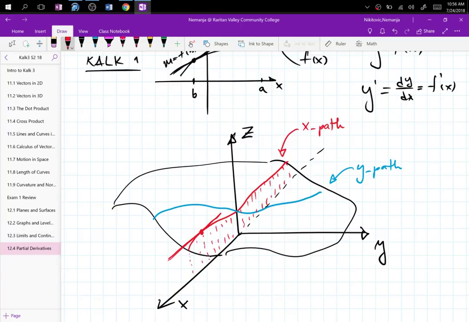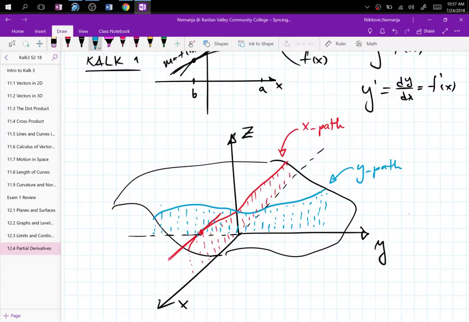And the same thing is going to happen with the y direction. So if I am to extend the y-axis and then make these go down like this, then what I have here is something that would measure the change in y direction.